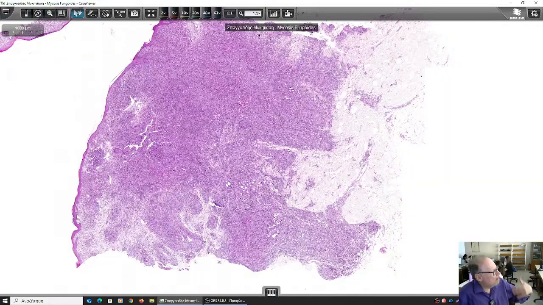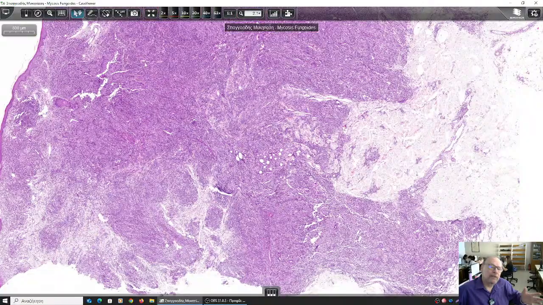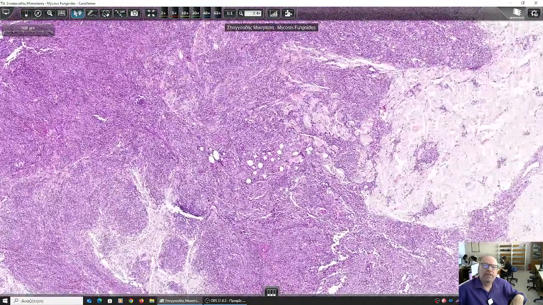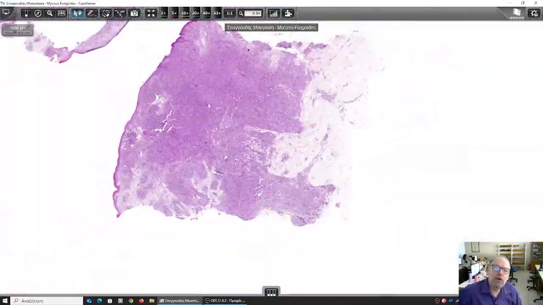We'll see the epidermotropism, the entrance of lymphomatous cells within the epidermis, similar to the previous lymphoma, the MALT lymphoma, which, however, was of B cell origin. But can you tell me which sign of malignancy you see here? Apart from that, this is a too dense lymphocytic population. What are these cells? Fat cells of the subcutis being invaded by the lymphocytic cells. So something's going on here.